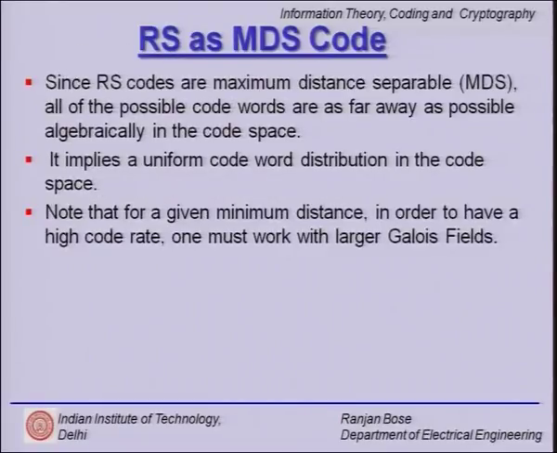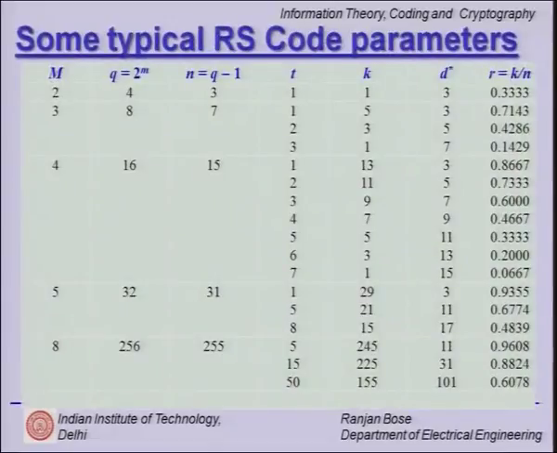Now, we must observe one thing: for a given minimum distance, in order to have a high code rate, one must work with larger Galois fields. We will soon see this when we go to a table of all good Reed-Solomon codes, and we will see how the code rate plays a role with respect to the error correcting capability.